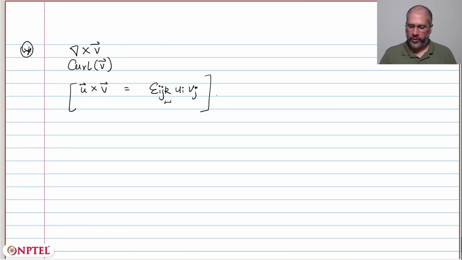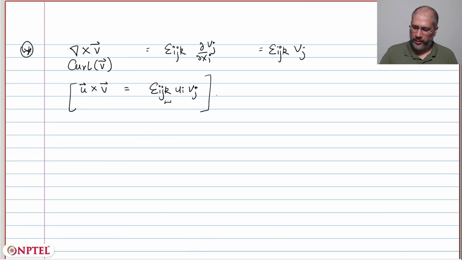So with this understanding, let's write the curl of v, that is del cross v. So this is epsilon ijk, the first vector, which is basically del by del xi, times the second vector, which is vj. In the comma notation, this becomes epsilon ijk vj comma i. So the curl of v in the index notation becomes epsilon ijk vj comma i.